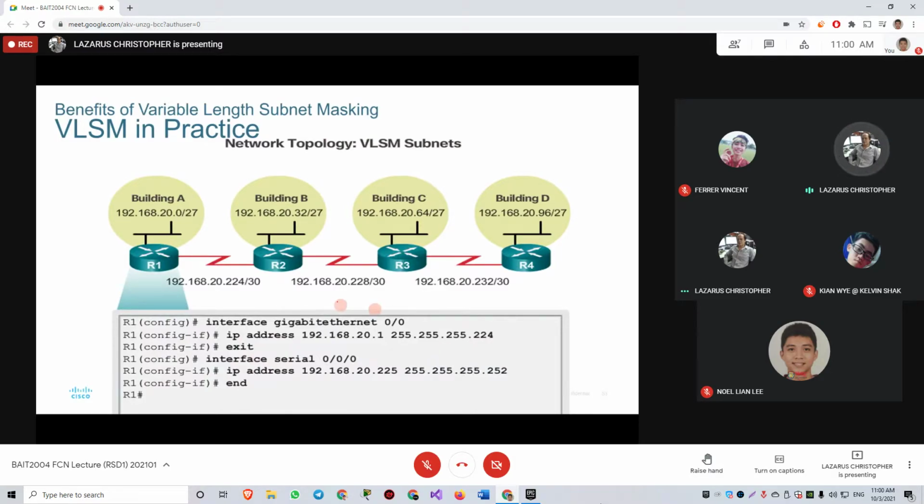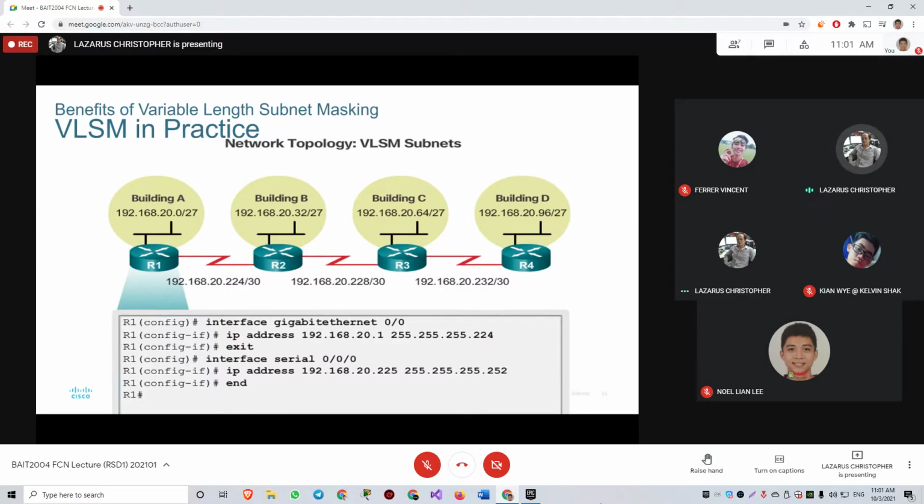So the configuration wise, it's still the same. The only difference is the subnet mask. It used to be when you are doing normal configuration, the IP address given to you, you just put 255.255.255.0 for /24, right, because it's not subnetted. But because you're doing subnetting already, and furthermore you're doing VLSM, you'll find that for each subnet you created, the subnet mask follows your prefix, how many bits you borrow.